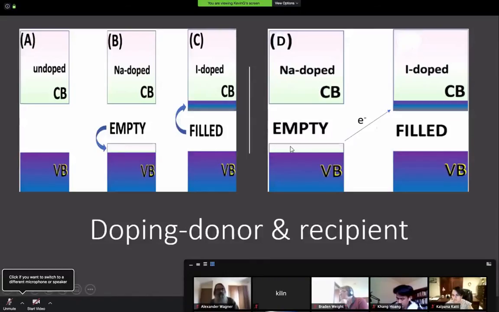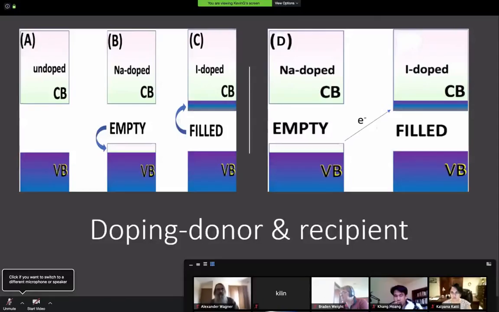What's happening here is that due to sodium doping, the valence band is empty, and then the electron from here transfers to the iodine, and the conduction band of the iodine is filled.